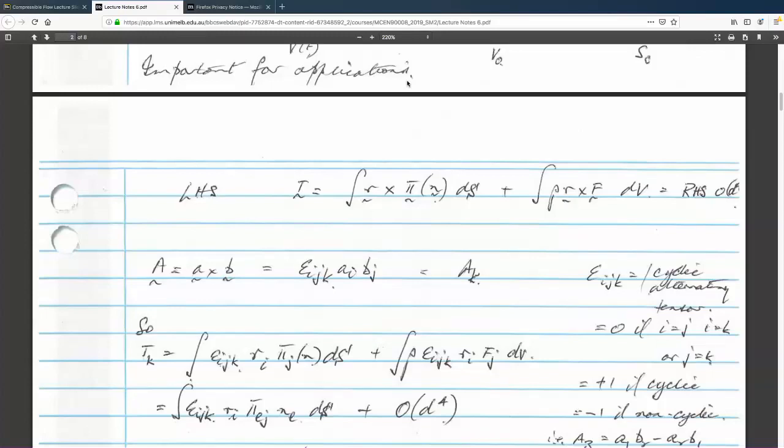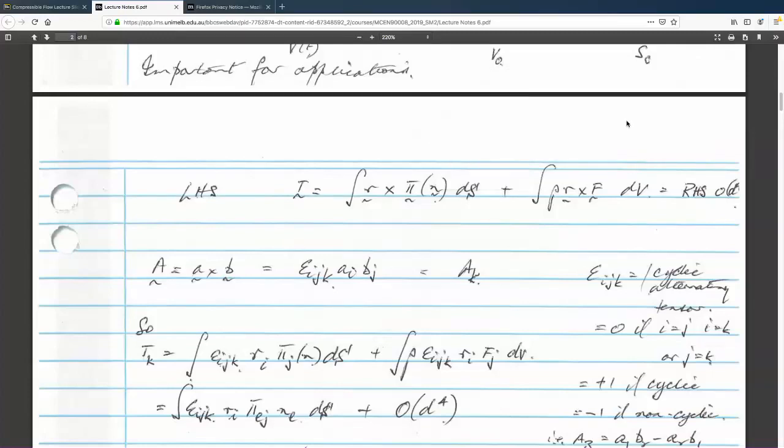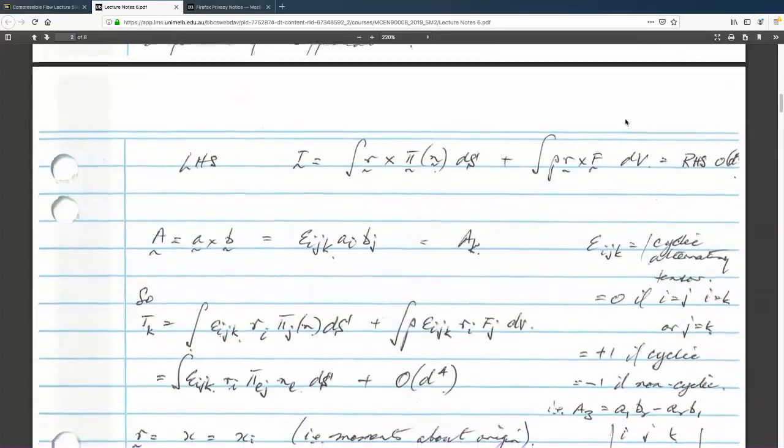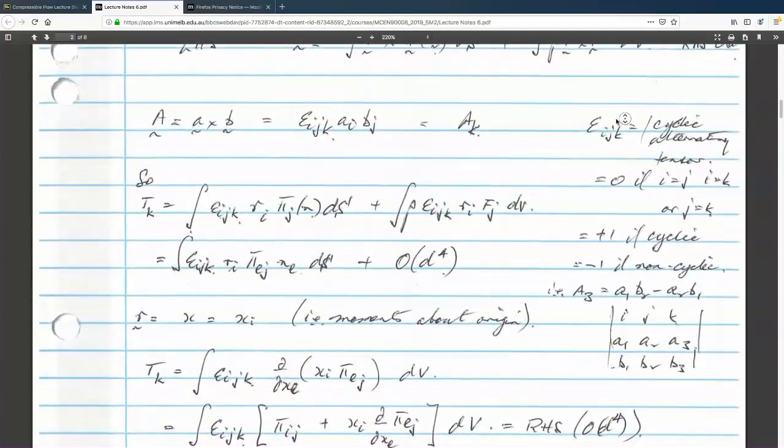And so A3, the third component of that cross vector, is A1 B2 minus A2 B1.